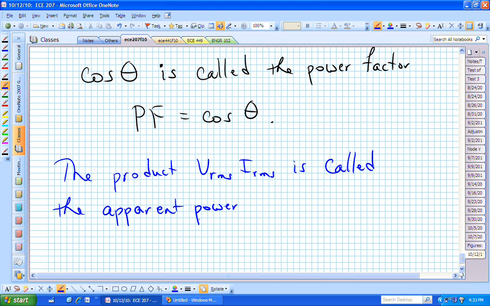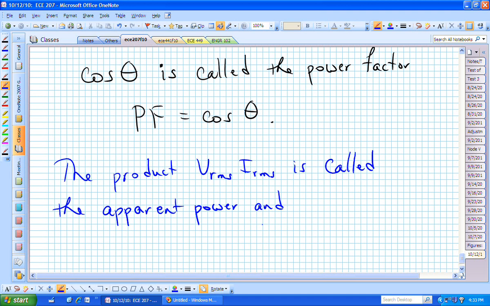That's what the power company looks like you're wanting to use. It's giving you a voltage and a current, but you're actually only able to use the real part of that, which is V times I, or V RMS, I RMS times the power factor.